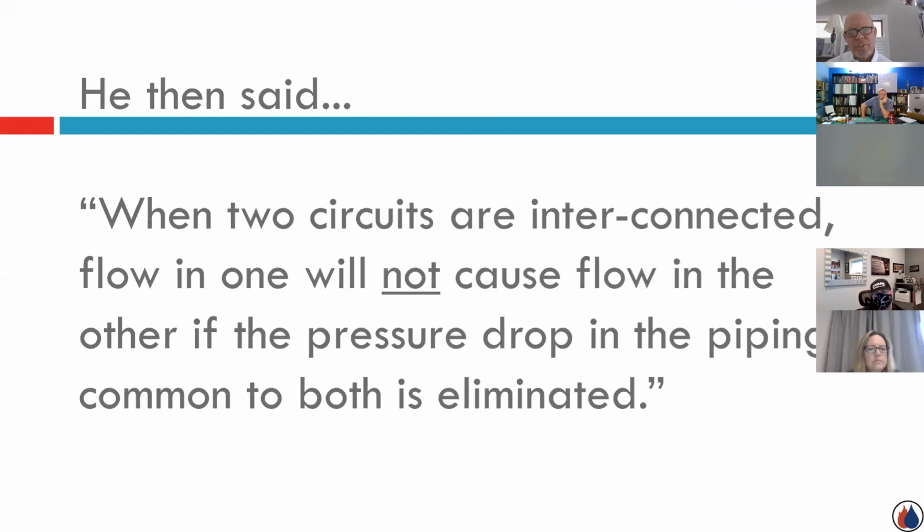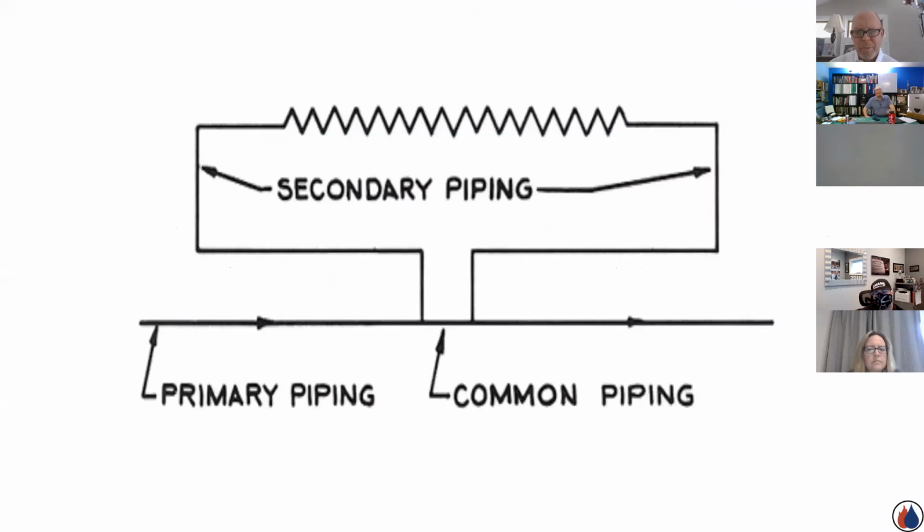So then he says, let's flip that sentence around. When two circuits are interconnected, flow in one will not cause flow in the other if the pressure drop in the piping common to both is eliminated. And this is what he meant. Here's my main piping, we'll call it the primary. I take my standard T and my monoflow T. I get rid of the monoflow.